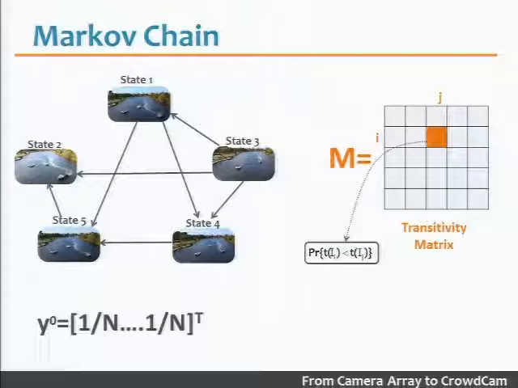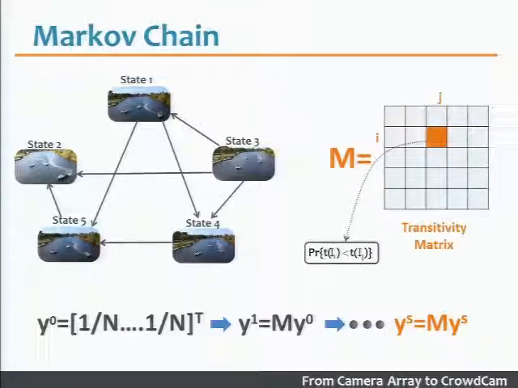We start from a uniform distribution. The next state is just multiplying M by this vector. In the steady state, we get to finding the eigenvalues of the matrix. So in practice, we run power iteration in order to find the eigenvector of this matrix. And that's how we get the full order.